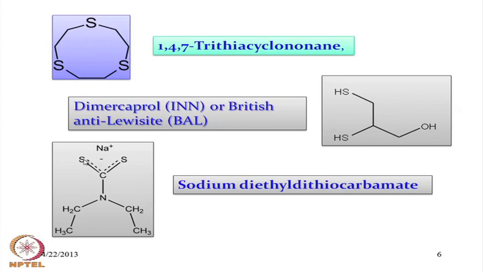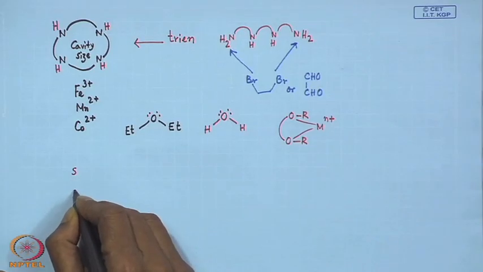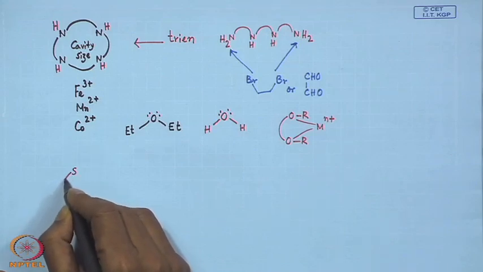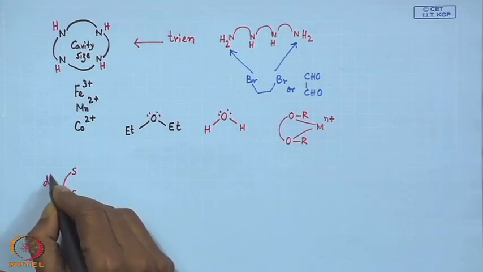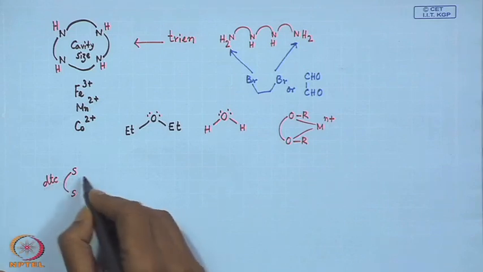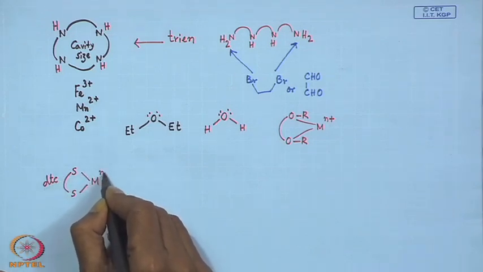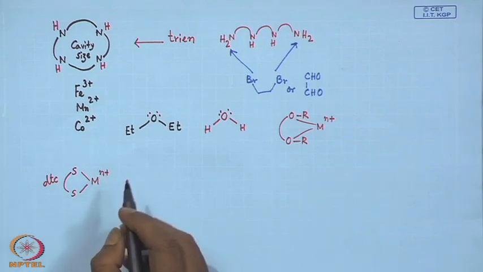And like this ligand, this also binds through these two sulfur atoms. So, when these two sulfur atoms bind to the metal center, it is basically providing a bidentate sulfur ligand to the metal center. So, S and S, which is coming from dithiocarbamate, binds to the metal center through sulfur.